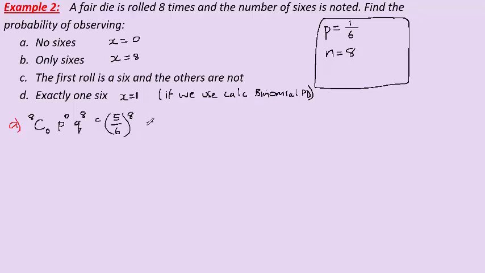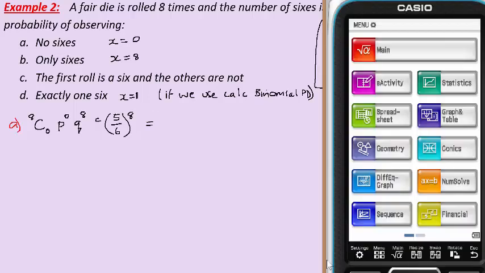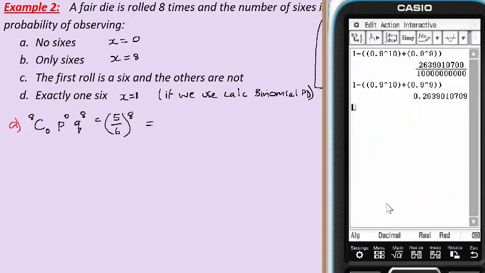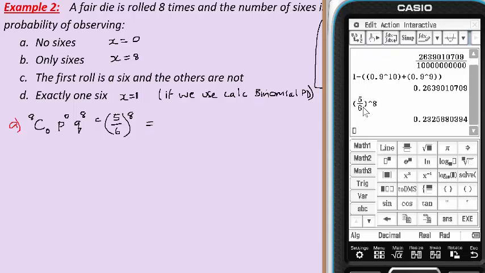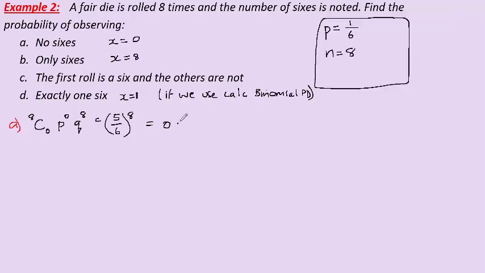Of course, we're not expected to be able to do that in our heads, so let's get out the calculator, and we'll go main. Of course, being terribly careful, we'll do 5/6 as a fraction inside brackets, and all to the power of 8, and we'll get an answer of 0.2326.